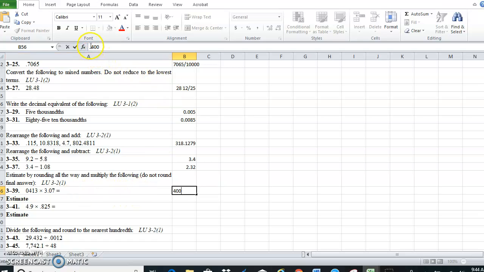And if we round all the way there, we know that 7 is greater than or equal to 5, so it becomes a 1 in the tenths place, but 1 is less than 5, so we have 400 times 3. So we'll just let Excel do our math.